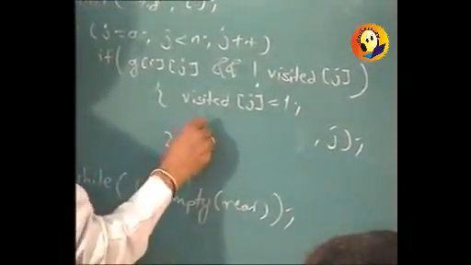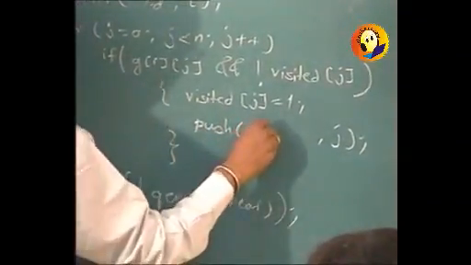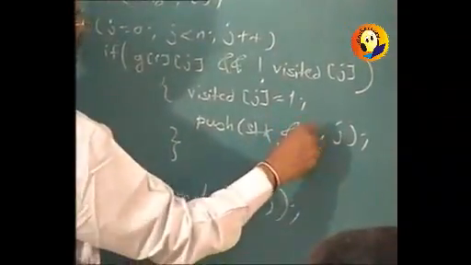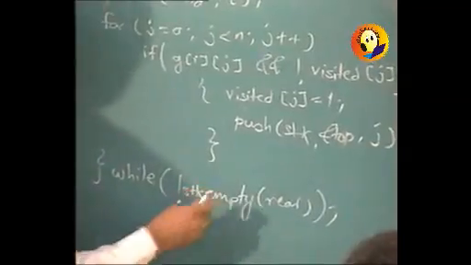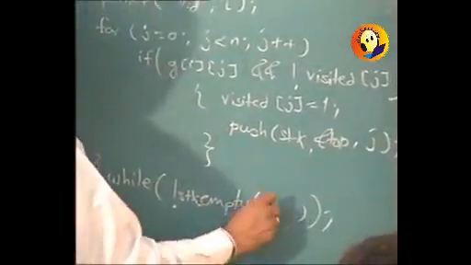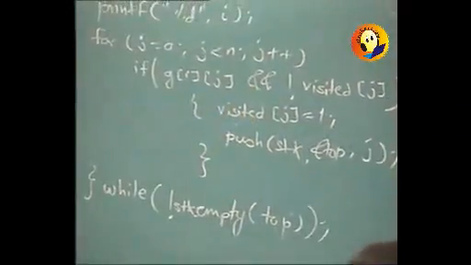This will again be push: stk, comma, top, comma, z, while not stack empty top. You have to write it fully.